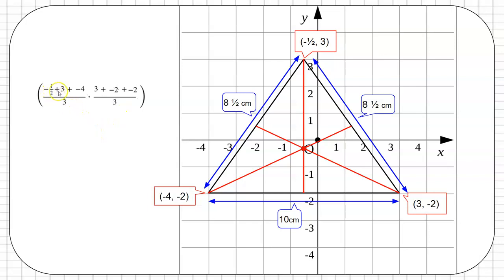Negative 1/2 plus 3 would be 2.5, plus negative 4, which would be negative 1/2 in the numerator. And 3 plus negative 2 is 1, plus negative 2 is negative 1, and negative 1 divided by 3 would be negative 1/3. So we can see that the point of intersection for the 3 medians is correct, and it is the centroid, because, as this equation says, negative 1/2 x and negative 1/3 y is the location of intersection.